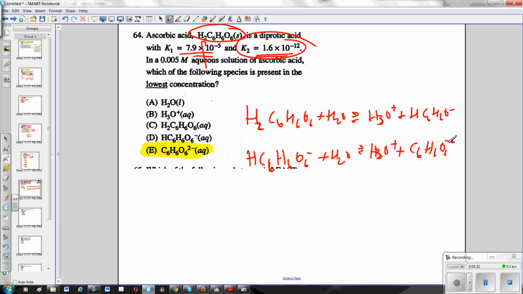Now remember when we studied acids, I always said this is a weak acid, to the negative fifth.